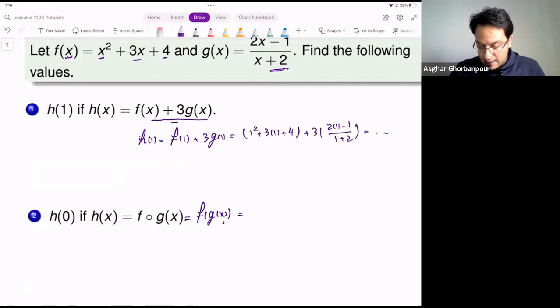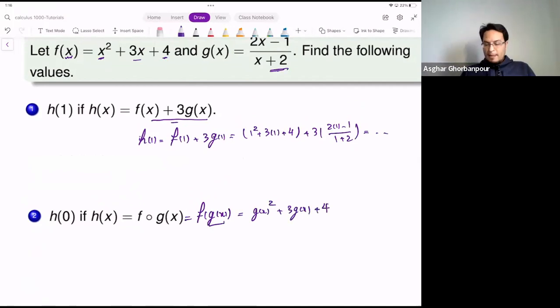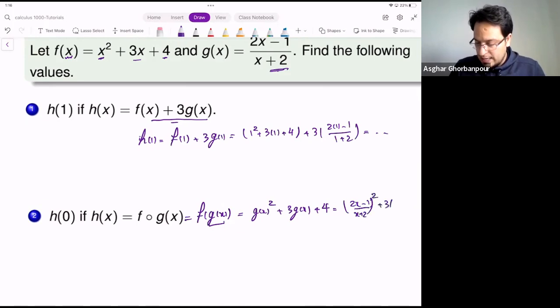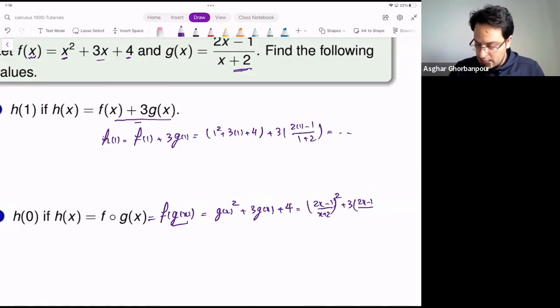So now the input is g(x), so it will square g(x), then multiply g(x) by 3, and then add that to 4. And this means what? This means that (2x minus 1 over x plus 2) squared plus 3 times (2x minus 1 over x plus 2) plus 4.